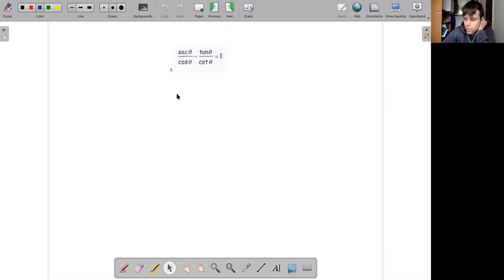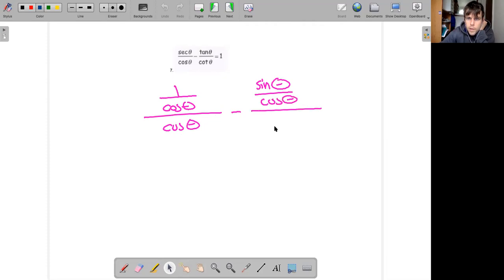So secant is really 1 over cosine, divided by cosine. Interesting. Okay, so that's interesting in terms of what we're going to get there. Tangent is sine over cosine, divided by cotangent, which is cosine over sine.